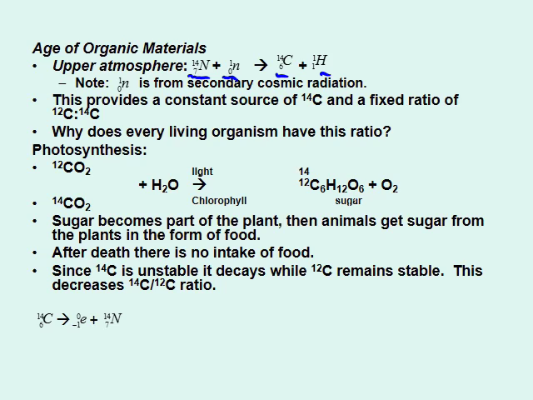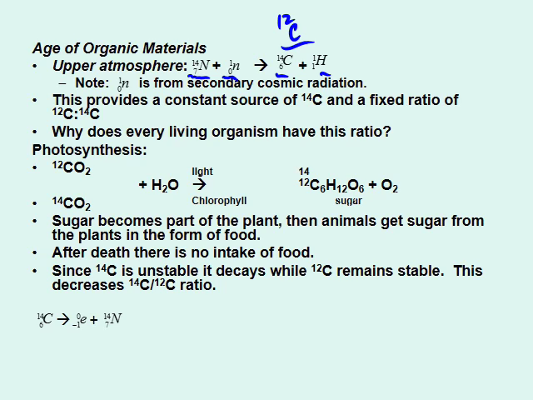Keep in mind, the most abundant carbon that we know about is carbon-12. So carbon-14 is a radioactive carbon. Now the question is, how does that carbon get into our cells? This all happens through photosynthesis of plants.